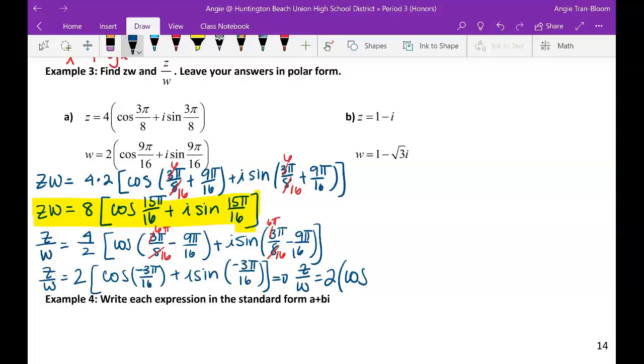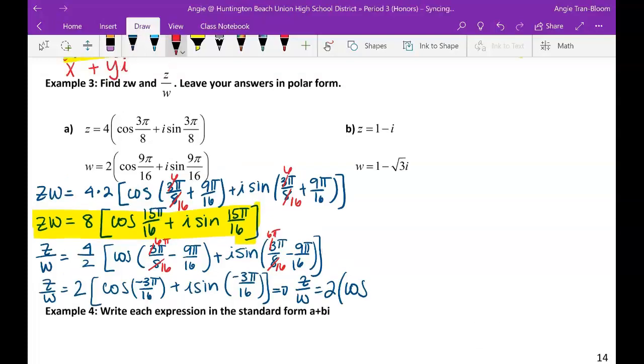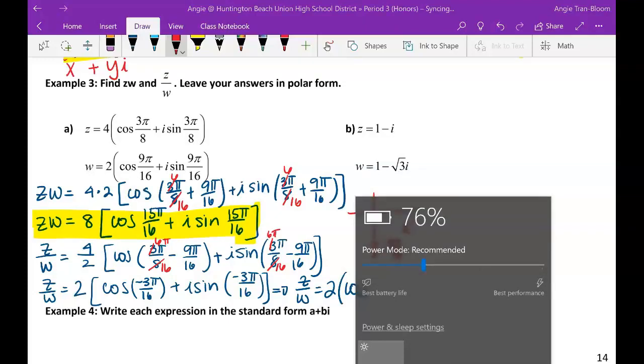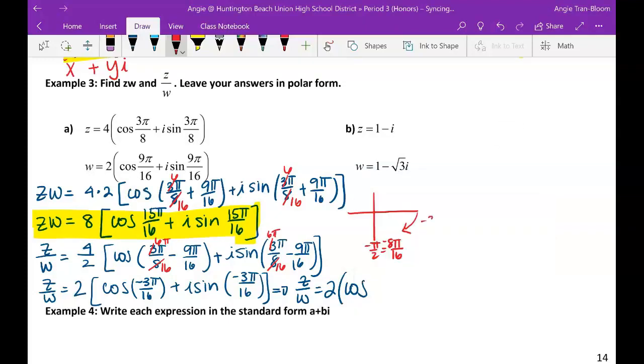What would you do? Let me draw it out for you so you have an idea what negative 3 pi over 16 is. So here's negative pi over 2. In common denominator of 16, this is really negative 8 pi over 16. So negative 3 is just right there, that very small amount. So here's negative 3 pi over 16. Because we define it as a positive angle, would you agree that I can take my negative angle and add a positive 2 pi?